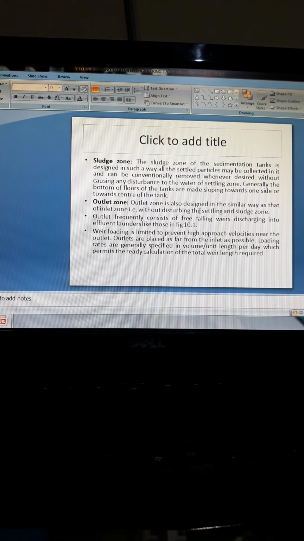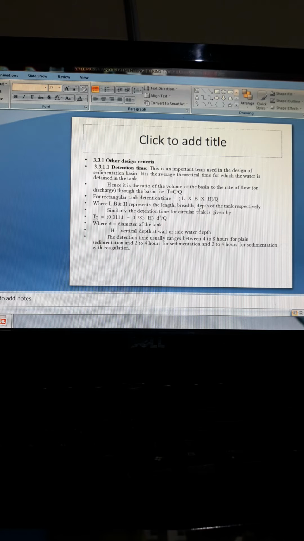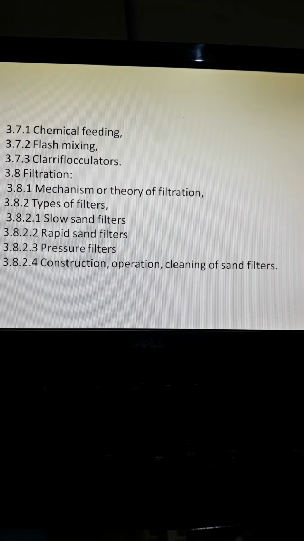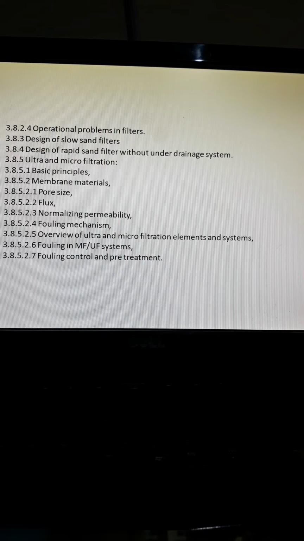Then, depending upon the shape, the sedimentation tanks may be square or rectangular or even circular. Sometimes they may be oval or of other shapes.